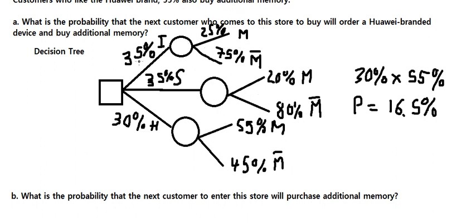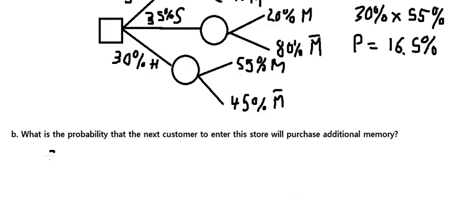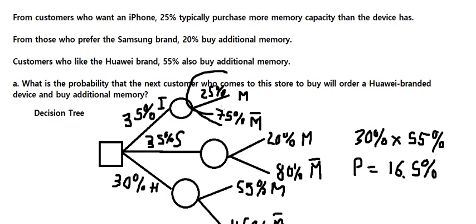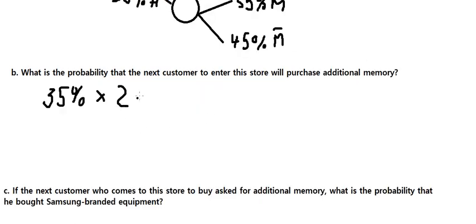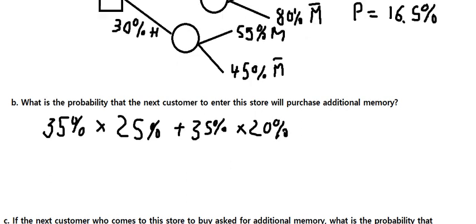So we have 35% multiplied by 25%, and 35% multiplied by 20%, and 30% multiplied by 55%.